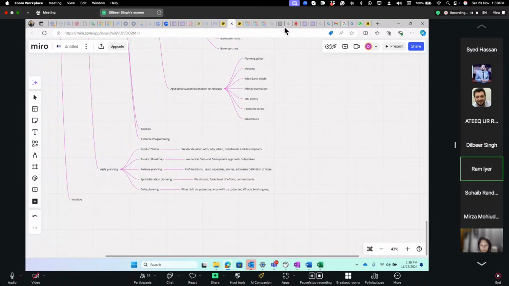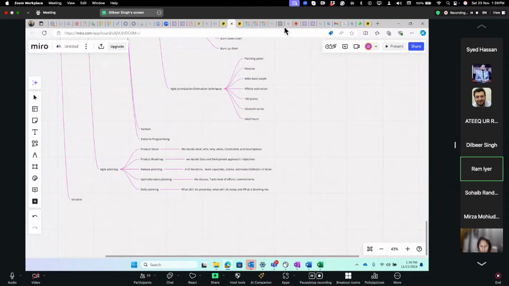Then is the release planning, where basically how many iterations and what will be the team capacity, what are the stories, and the priorities, estimates, those kind of definition of done, they are all covered under that.